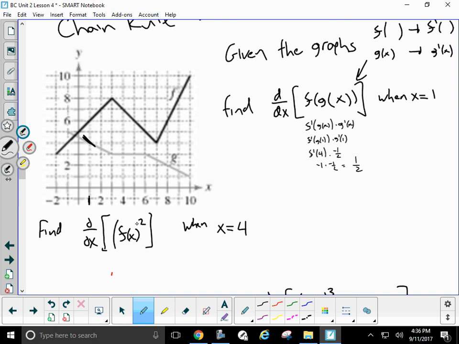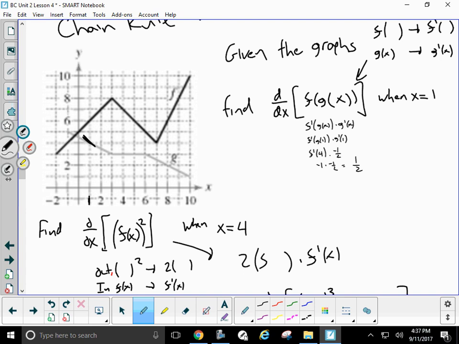This function has an outside and an inside. The outside is the squared. The inside, excuse me, is the f of x. Notice, if you take the derivative, you have 2 stuff to the first power, but the derivative of f is f prime, which is why this derivative is 2 times f prime, 2f of x to the first power times f prime of x.